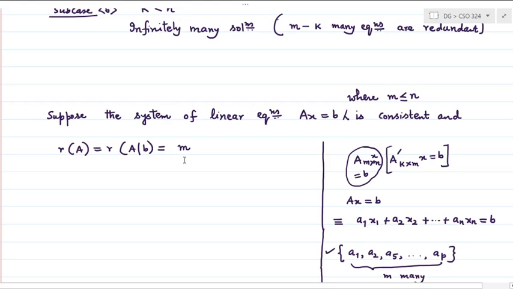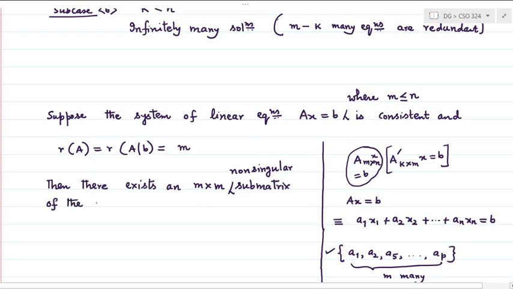Then there exists an m by m non-singular submatrix of the matrix A.